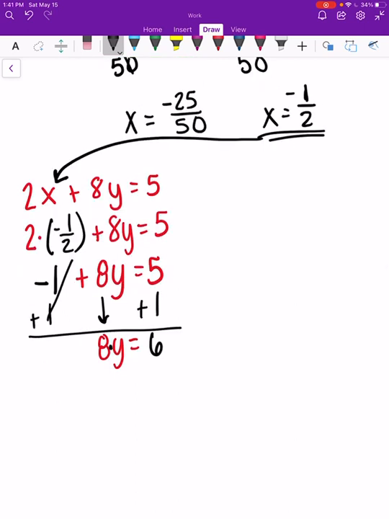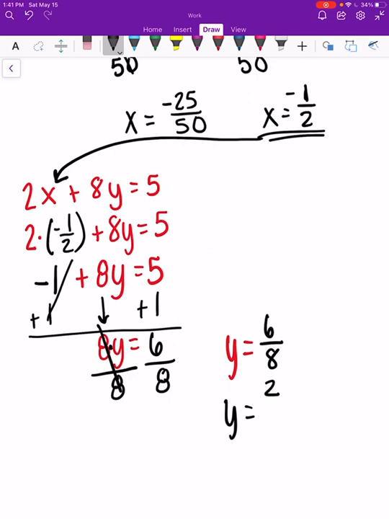Now 8 and y are being multiplied together. I need to do the inverse of multiply and divide both sides by 8. So I have y equals 6 divided by 8. And I can simplify that to y equals 3/4 if I divide both of these by 2.